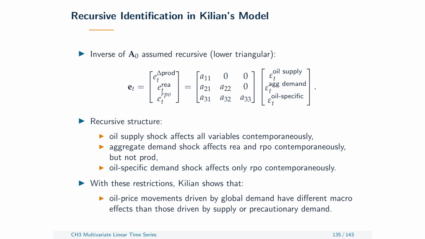Its recursive structure assumes an oil supply shock can affect all three variables immediately. An aggregate demand shock affects real activity and the oil price within the month, but not oil production. An oil-specific demand shock affects only the oil price immediately. Lagged responses then allow broader adjustment over time.